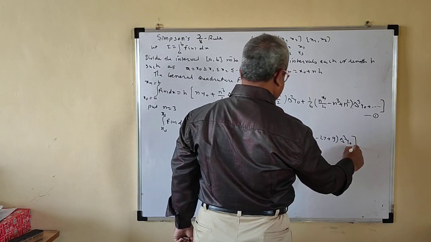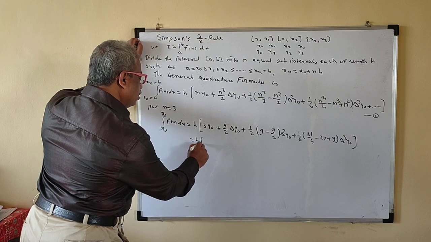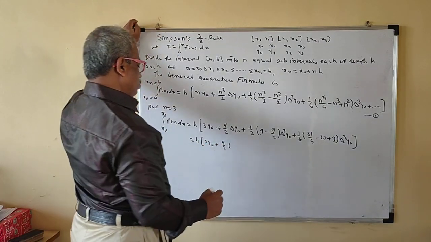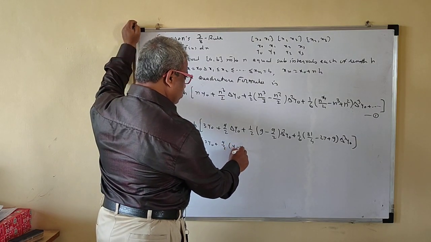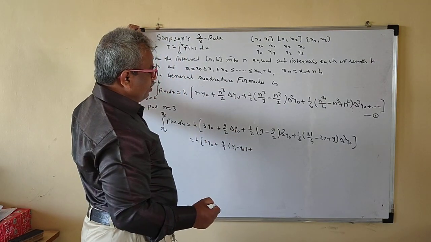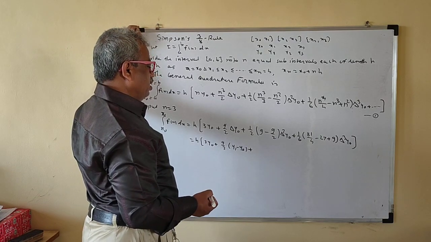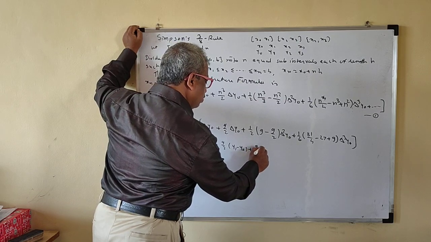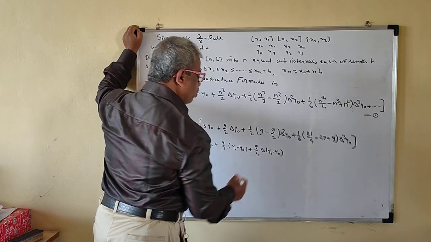Okay, so first we will simplify one by one. This is 3 y0 plus 9 by 2 delta y0, which means y1 minus y0, plus the next term, which is 18 minus 9 by 2, this is 9 by 4, times delta square y0.